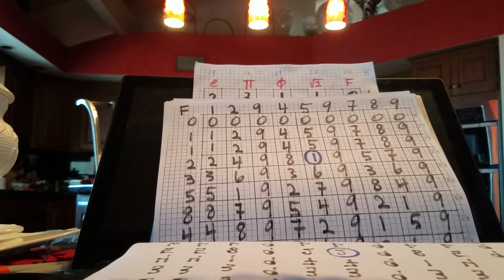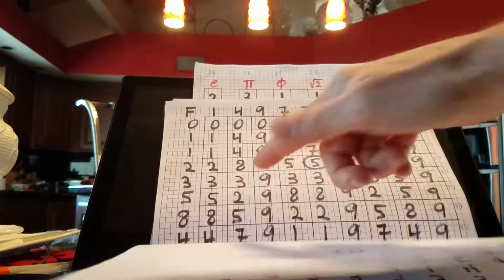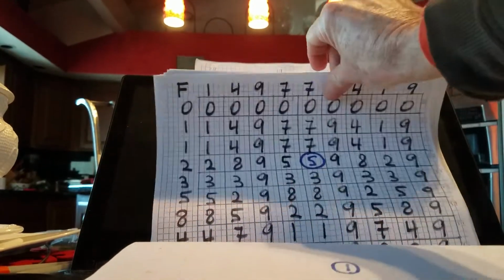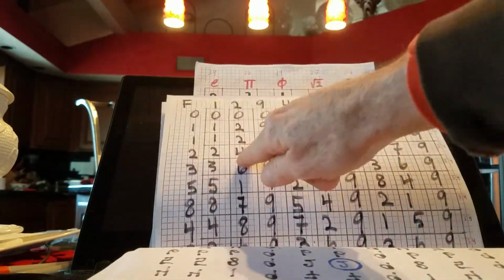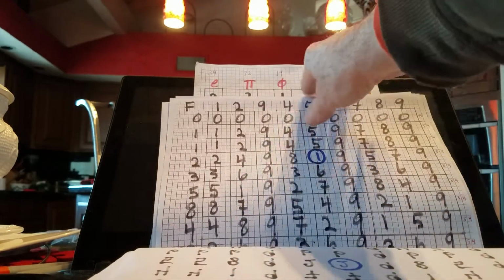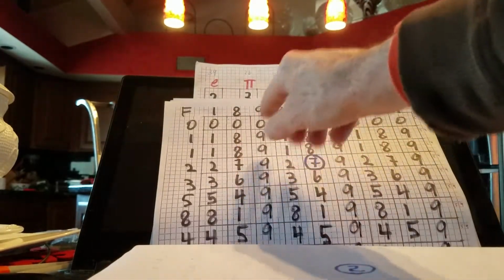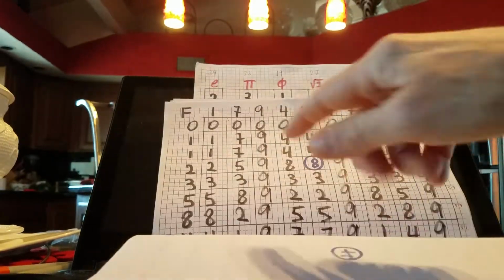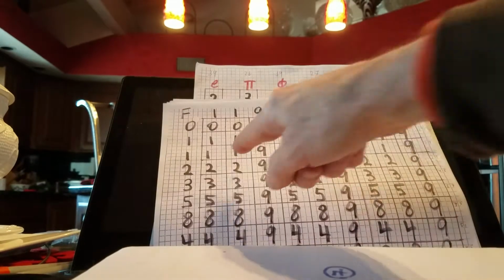Now let's look at the Fibonacci numbers in this spot. 1, 8. Did I do that right? Yeah. No, I guess we're here. 4, 8, 7, 5, 1, 2.